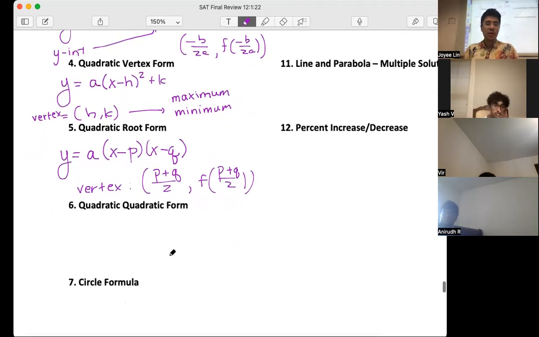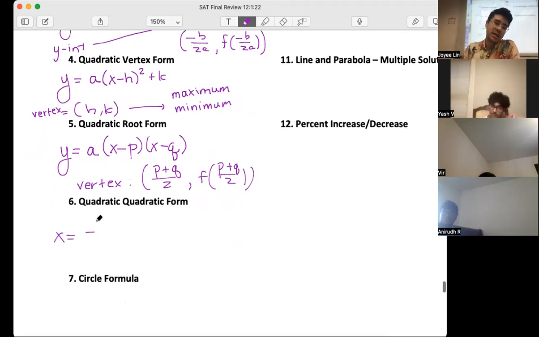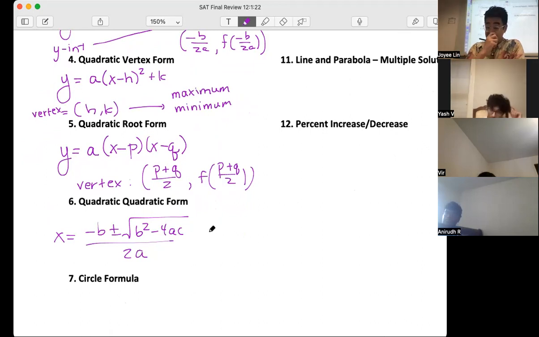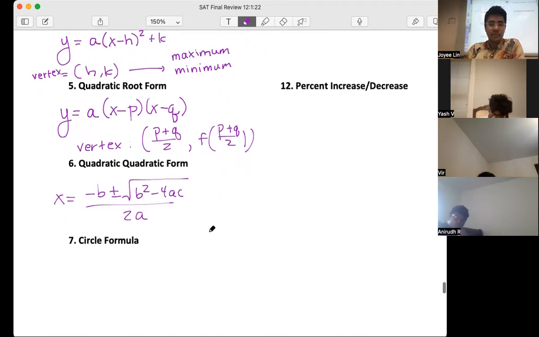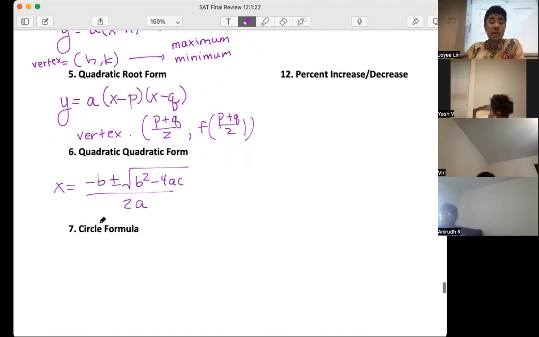Quadratic formula, x equals negative b plus or minus square root b squared minus 4ac all over 2a. From here, you can find the sum or the product of the roots also, right? Sum of roots is what?